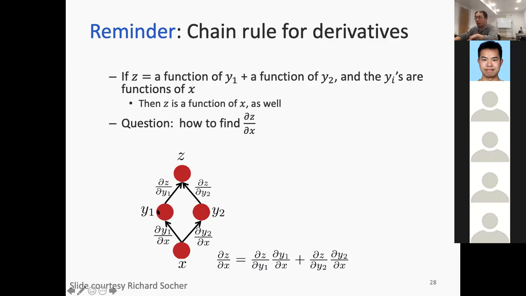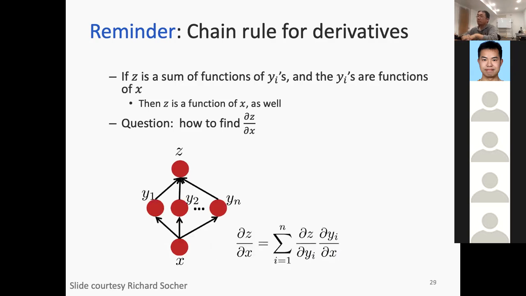And also compute the partial derivative of y1 with respect to x, and the partial derivative of y2 with respect to x, right? And then multiply them correspondingly and add them together, right? So that's how we apply the full derivative rule in the chain rule. So I assume everybody is familiar with this, right? It's very fundamental in our calculus course, right?